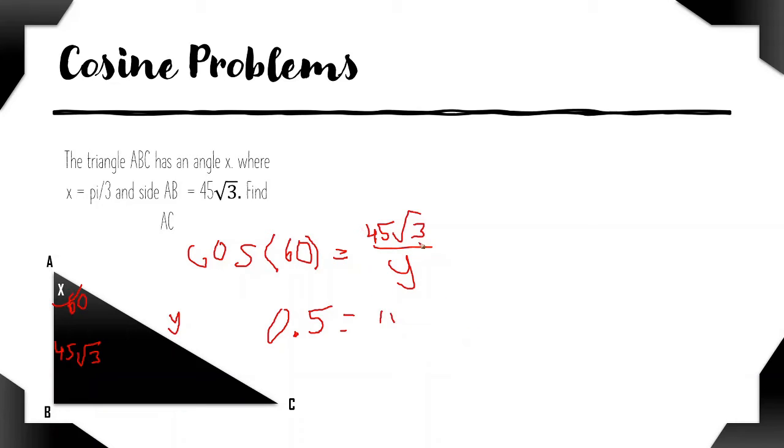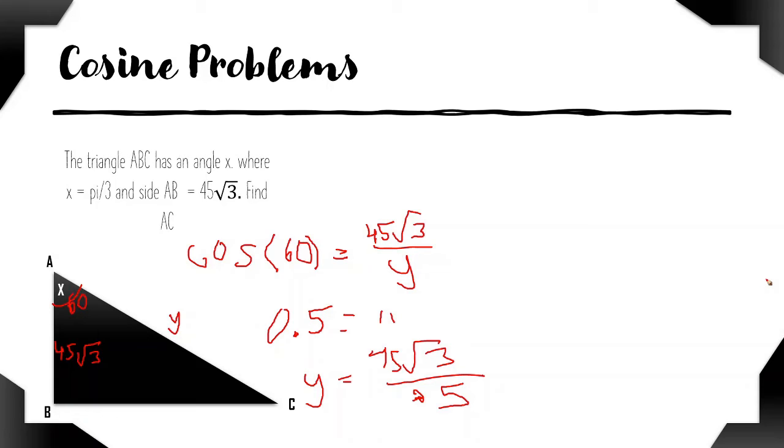Okay, so 45 multiplied by the square root of 3 divided by y. So now we can simplify this to isolate y, and then we can do 45 multiplied by the square root of 3 divided by the cos of 60, which is 0.5. So 45 multiplied by the square root of 3 is equal to 77.94.